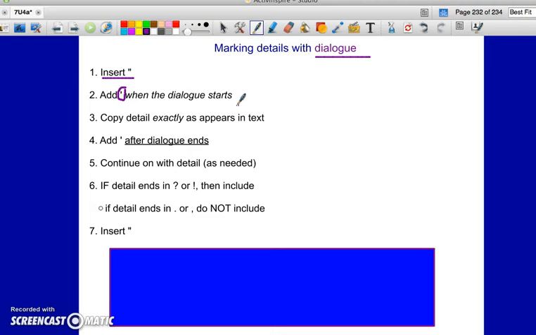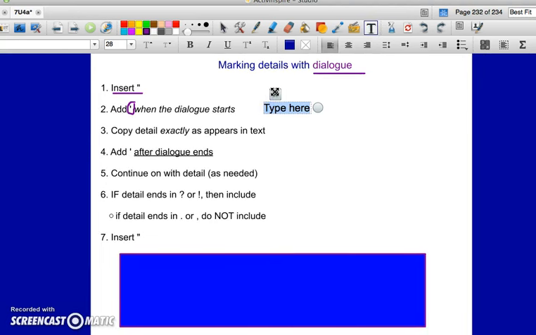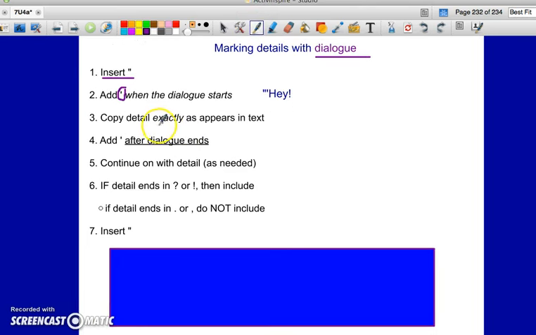So if your detail starts right away with dialogue, then your direct quote is going to look like this. First I have the double quotations, then I have the single quotation, then I have the dialogue. Hey, let's pretend that's the dialogue. I'm going to copy the detail, again, exactly as it appears in the text. Then this depends on when my dialogue ends in the detail.